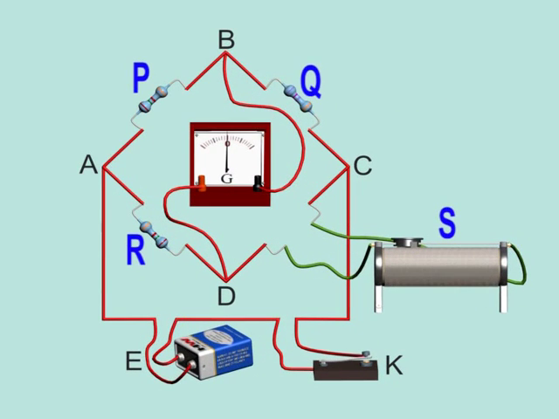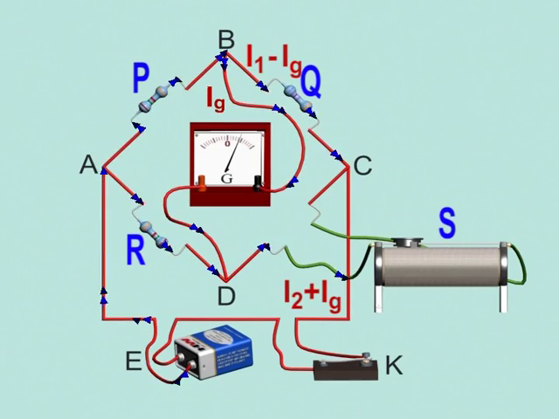As the current I starts to flow from the positive terminal of the cell at point A, it gets divided into parts I1 and I2 and flows through arms AB and AD respectively. At joint B, Ig, which is a small portion of current I1, is sent to pass through the galvanometer, and the galvanometer shows a deflection.